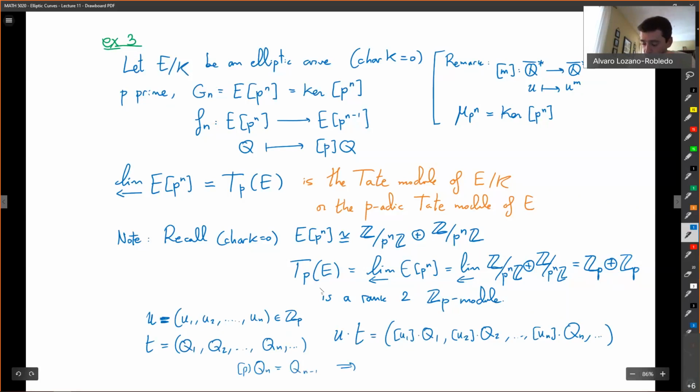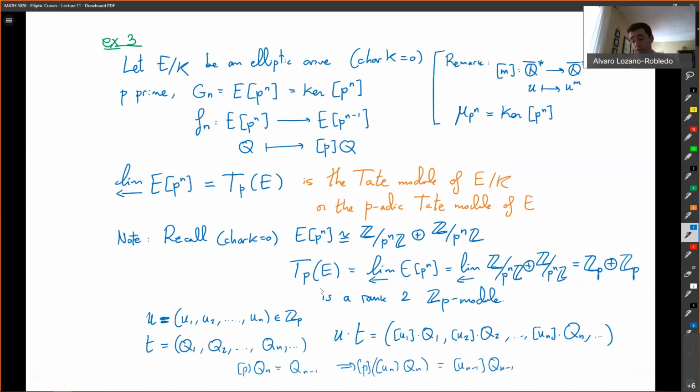That implies that p times un Qn is also u(n-1) Q(n-1). That is because multiplication by p commutes with multiplication by un.